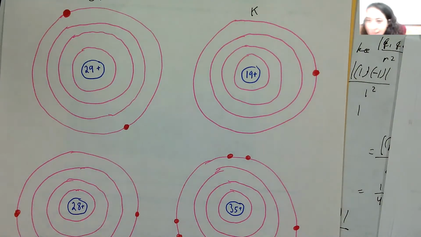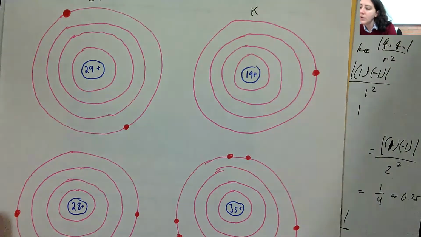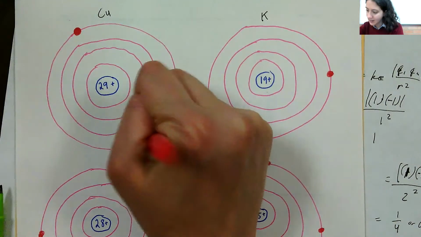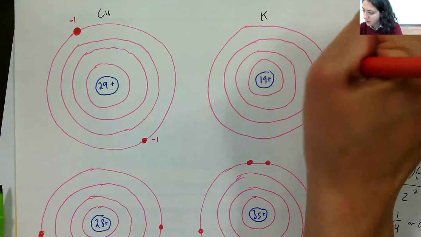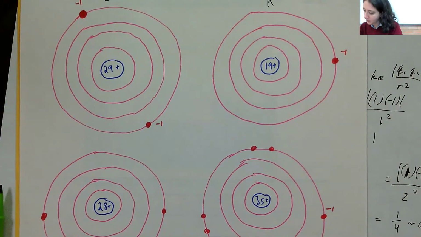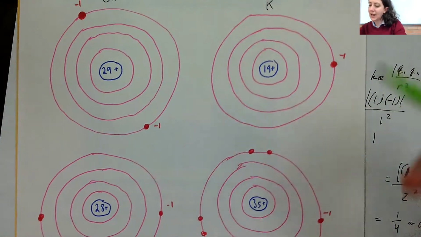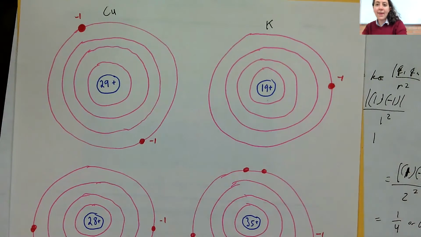According to Coulomb's law, the electrons are going to be attracted to the nucleus. Each of these electrons has a -1 charge, so I'll write those in real quick and focus on one electron from each. That is going to pull them in towards the nucleus.